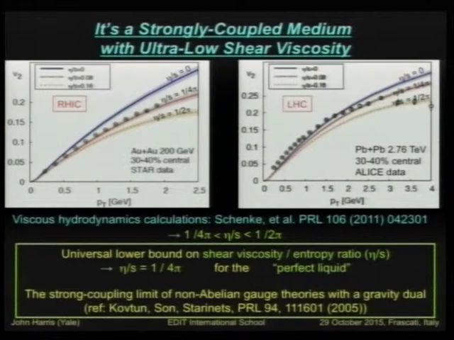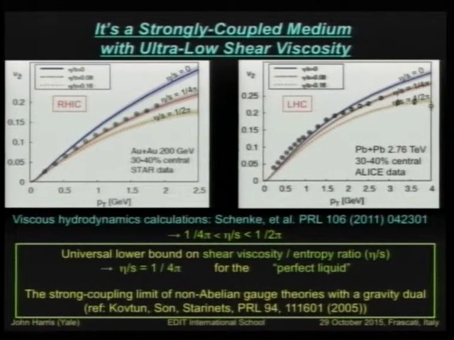Let me first say that there was a paper in 2005 which calculated the shear viscosity over entropy ratio for perfect fluids, and found that there's a universal lower bound, which is 1 over 4 pi, if you have a fluid that flows without resistance.